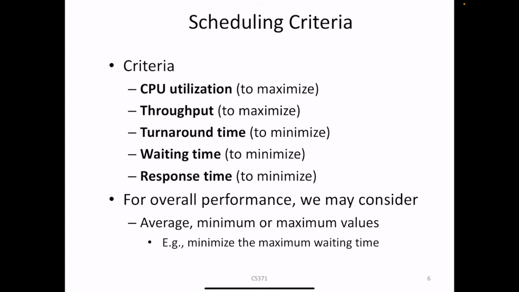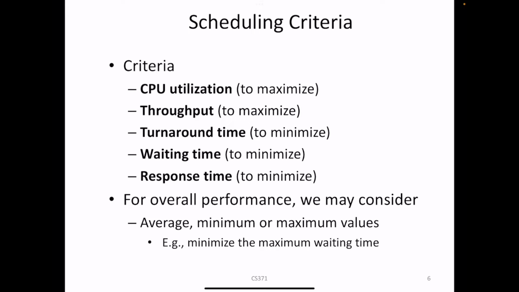Then let's look at the scheduling criteria, which are used to evaluate the performance of a scheduling algorithm. Here are 5 common scheduling criteria. The first one is the CPU utilization. Since we want to keep the CPU as busy as possible, that is why we need to do CPU scheduling.